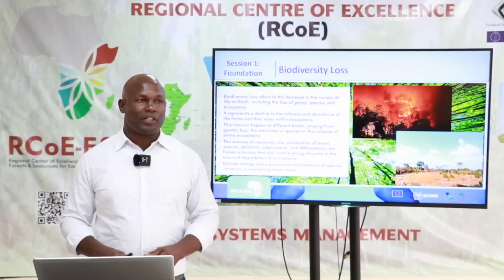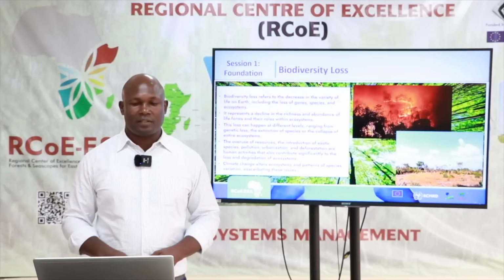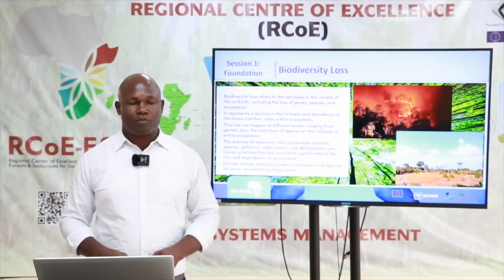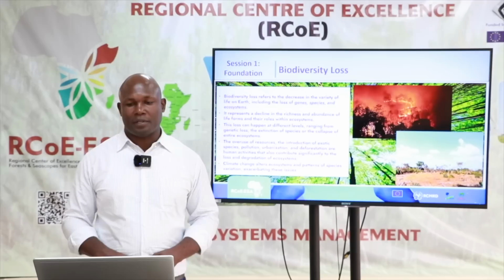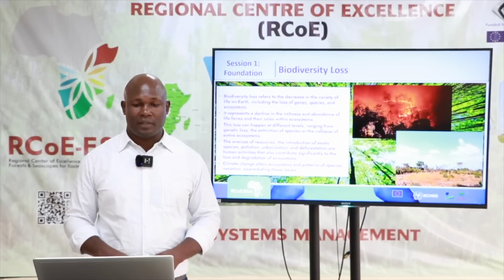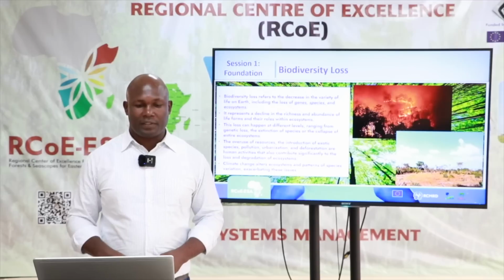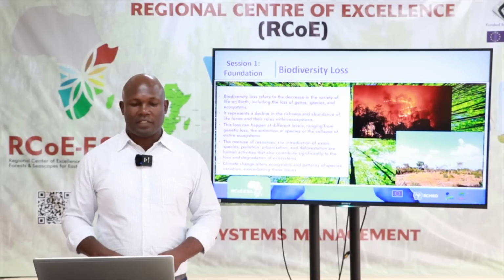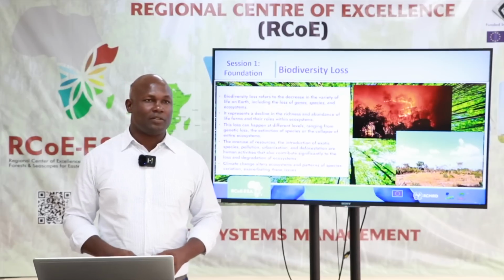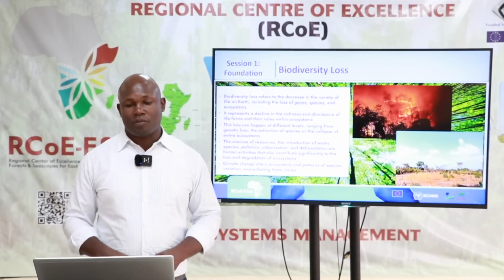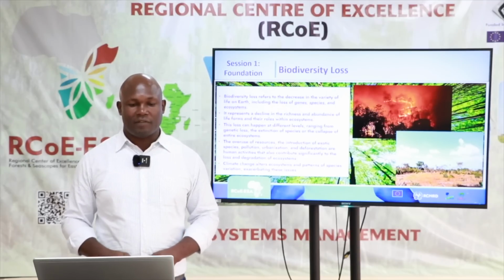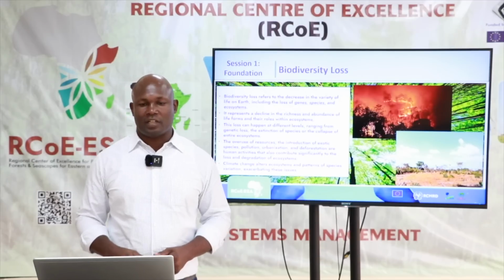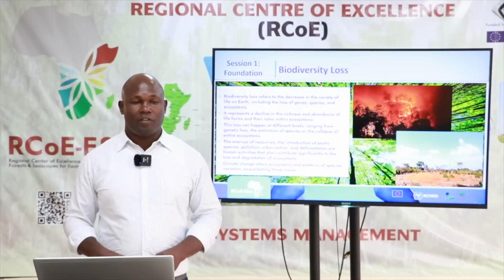As we cut down the forests, burn down the savannas, and release carbon into the atmosphere, we are contributing to the global warming effect. This increases the temperatures within our ecosystems, and our species have to adapt to the changing environment. Those that cannot adapt end up being extinct.